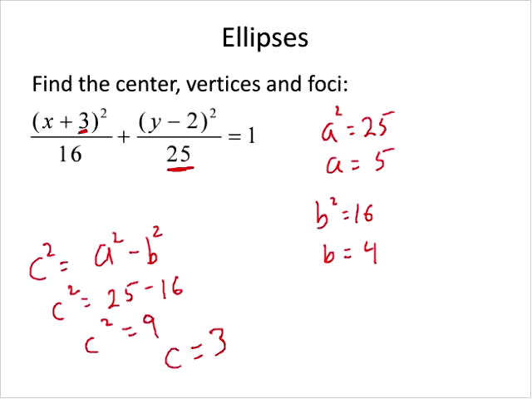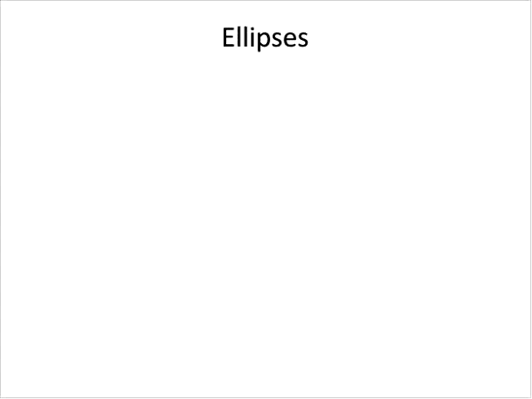Okay. Now remember, we've got the center here, but the only way to get a positive would be to say minus negative 3. So I think our center is going to be at (negative 3, 2). So let's write all this stuff out. So the center of our ellipse is at (negative 3, 2). Now remember, this one goes up and down.